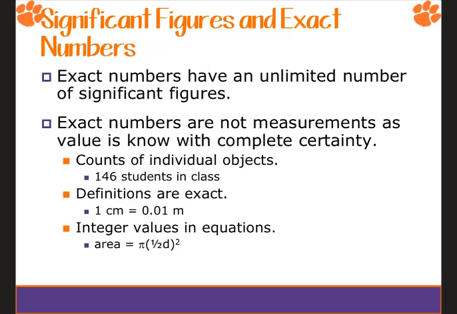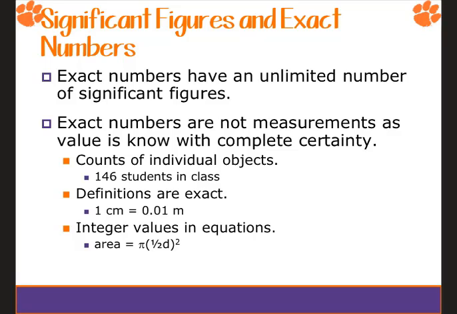Some numbers are called exact numbers, and they have essentially an unlimited number of significant figures. These are not measurements. You just know that these values are 100% the number that they represent. So if you count and there are 146 people in your classroom, you know that there are exactly 146 students.